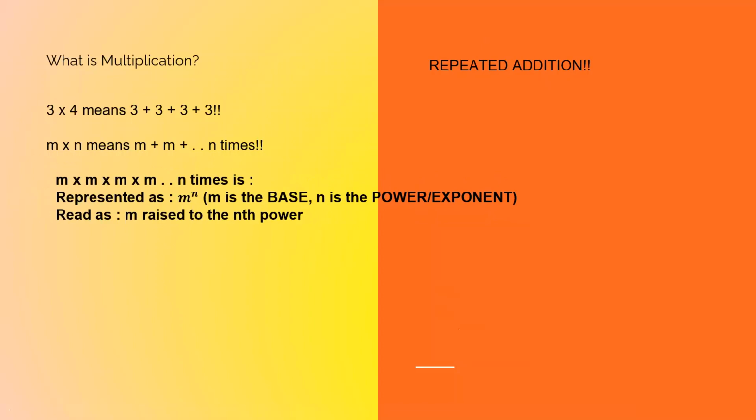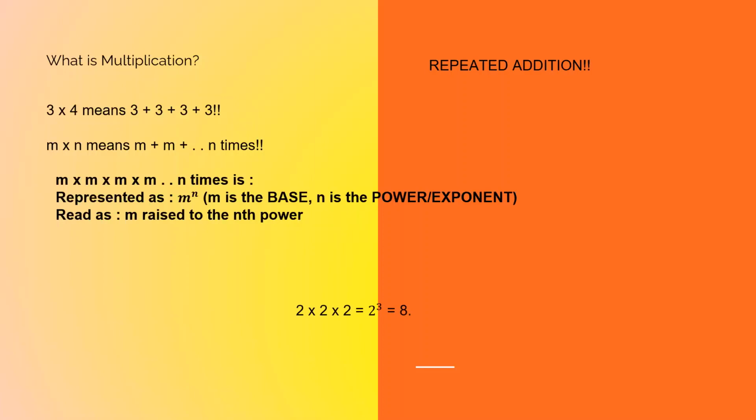M into m is something which we say m square, but it's different from m plus m. So when you multiply m to itself n number of times, it is represented as m raised to n, and it's read as m raised to the nth power. M is referred to as the base, and n is referred to as the power or the exponent.